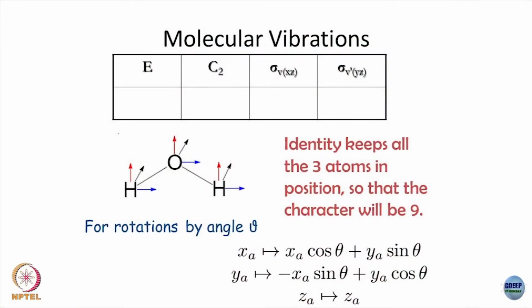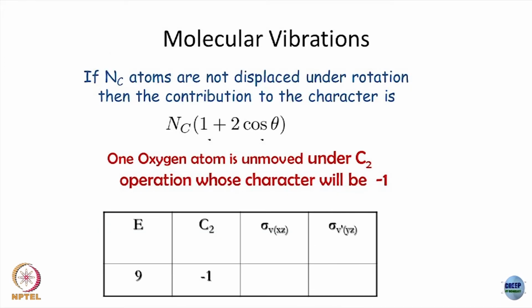Is that right? So, you can put even here theta to be 0 if you want. In this expression which I have written, you can take theta to be 0. If you do that, then you will get 3 and 3 are unchanged, 3 into 3 is 9. Is that clear? Any other question?